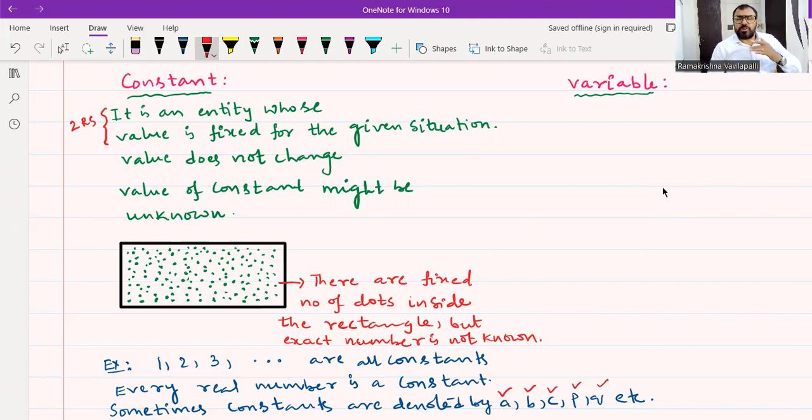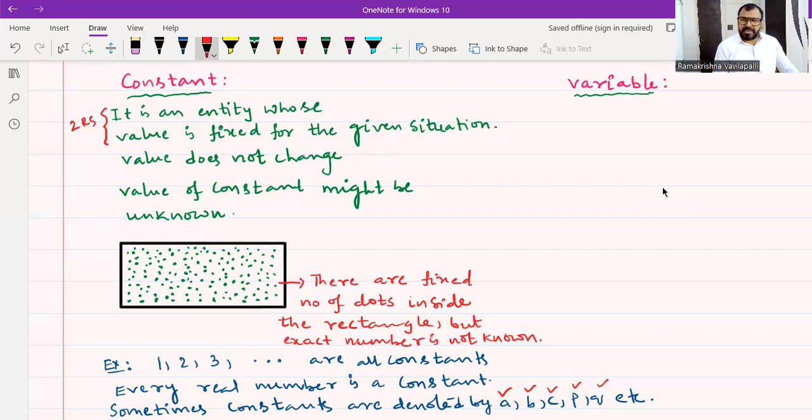There is a cruise mode in which you can go in the car with a speed of 80 kilometers per hour. If you press that button, your car will move constantly with 80 kilometers per hour. It means the speed is not changing at all. So there are several examples like that for constants.